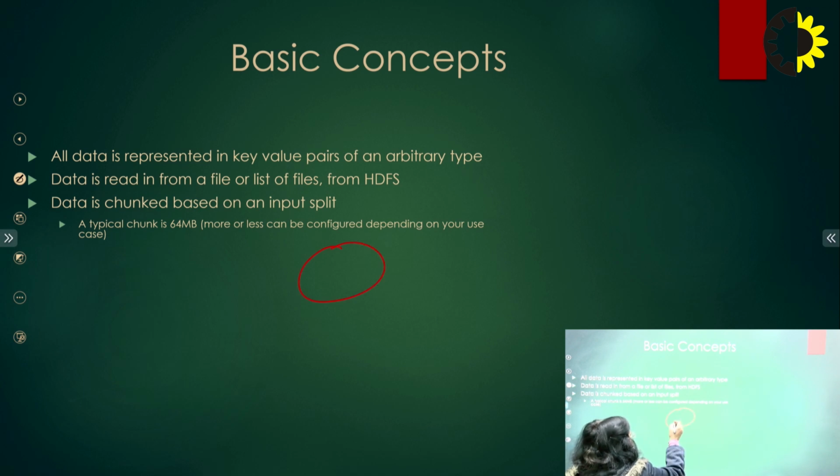There is a name node, and this data is divided into different chunks. Each chunk is 64 MB, and this 64 MB, more or less, can be configured depending on your use.